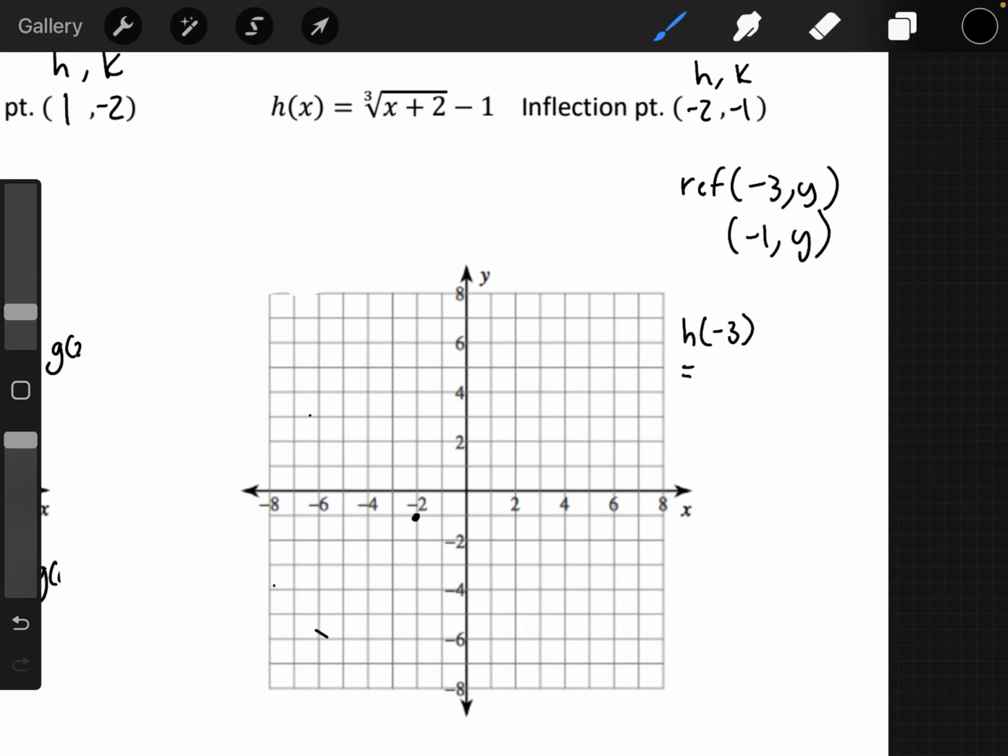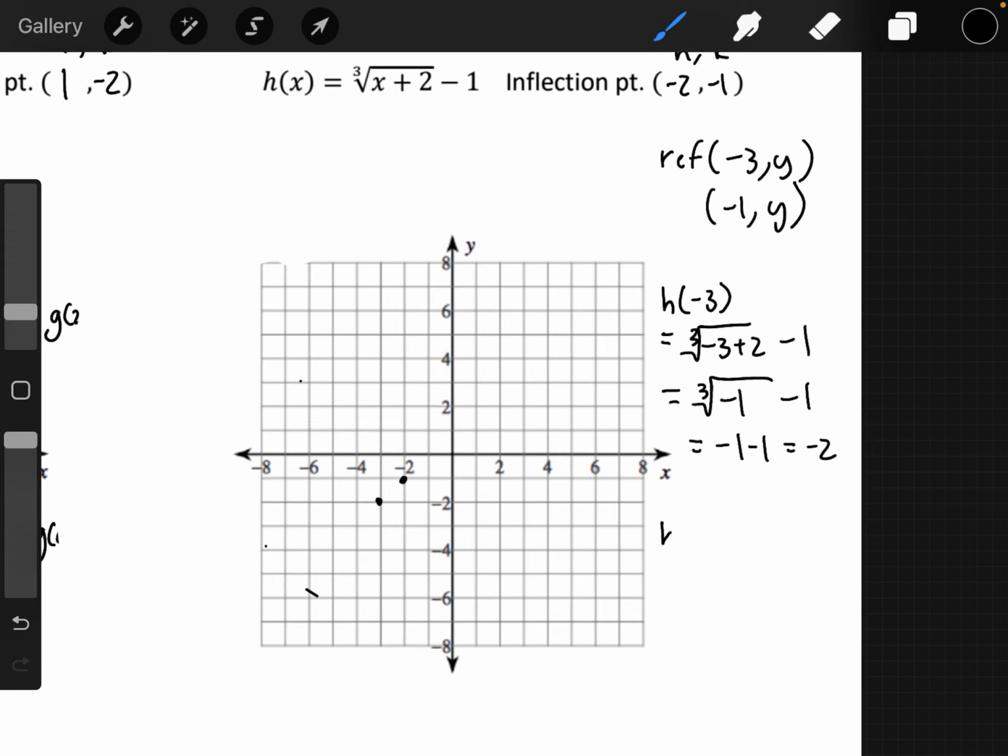So h of x, when x is equal to -3, is the cubic root of -3 plus 2, minus 1. So the cubic root of -1 minus 1 is -1 minus 1, which equals -2. So at -3, y is -2.